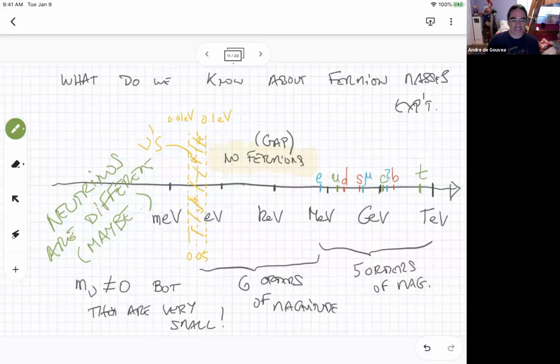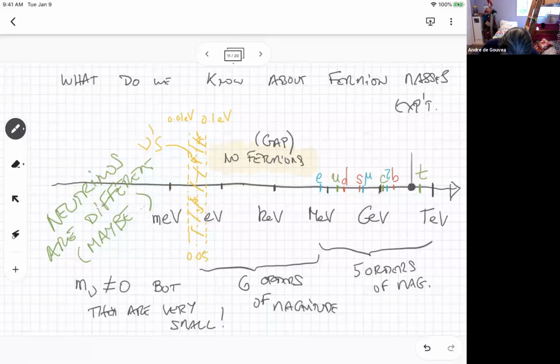Okay, so this is hopefully something that people can take home, is the fact that neutrino masses are not zero, but they're very different from the other masses. Just as a fun aside, you can ask, what about all the other masses in the Standard Model? There's the W mass, the Z mass, and the Higgs boson mass. They all live here.